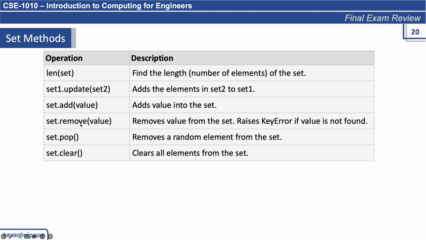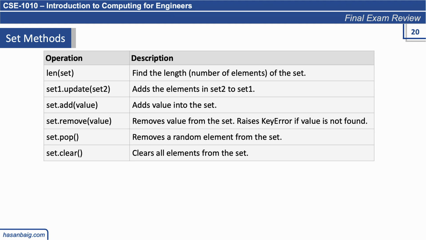We can also add a value just by passing the value into the add method, and it will be added into the set if it does not already exist. We can remove a value from the set, which raises a key error if the value is not found, so we have to specify the value. The pop method randomly removes any value, and removes and returns that random value.